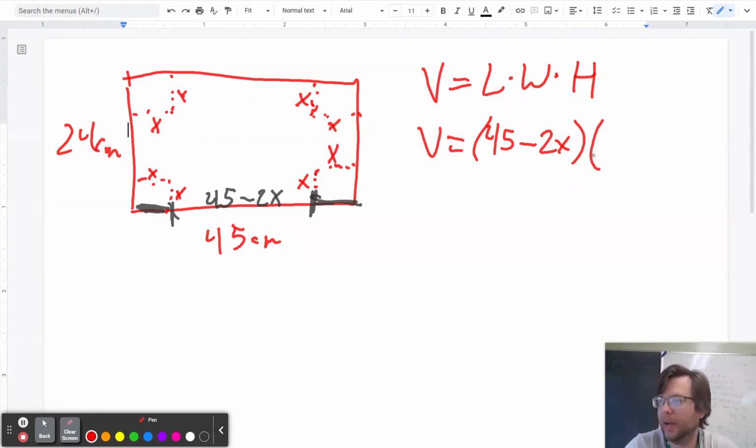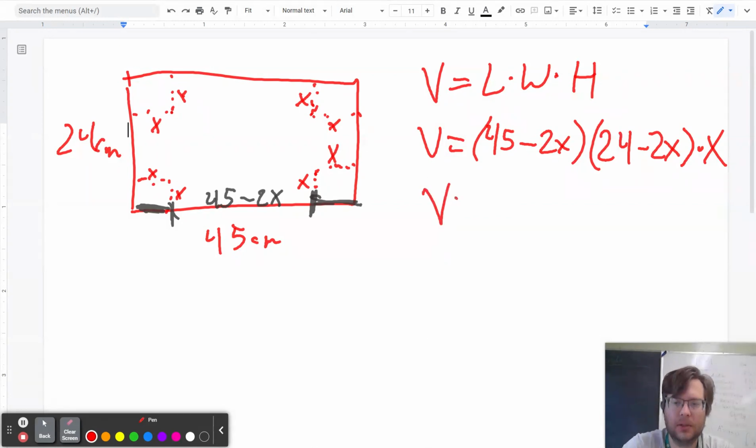Similarly, if I cut out the other two corners on the width, I have 24 minus 2x, and then if I fold it up, the height of my box is x. You can choose if you want to use your function as is, or simplify it a little bit.